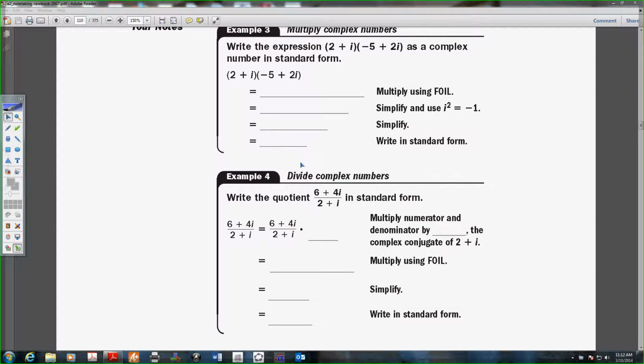Now, for examples 3 and 4, before we do the check, for example 3, we just have to multiply. To multiply complex numbers, remember we just have to follow FOIL, which we learned in Algebra 1. If you forgot, to FOIL, all we have to do is what?